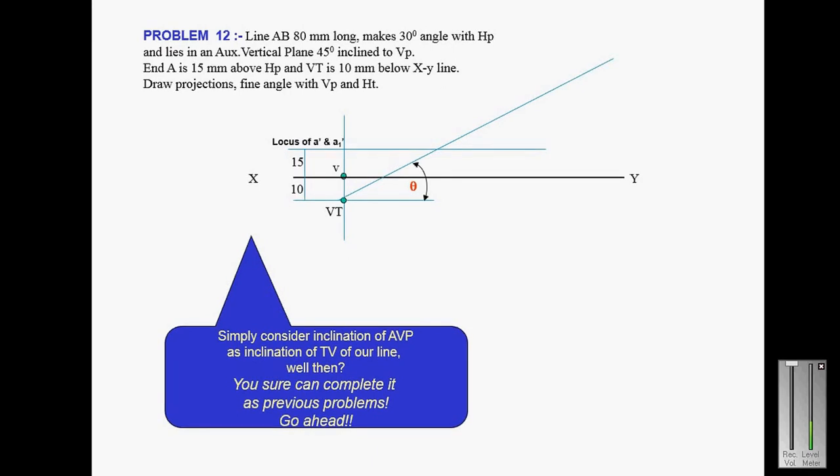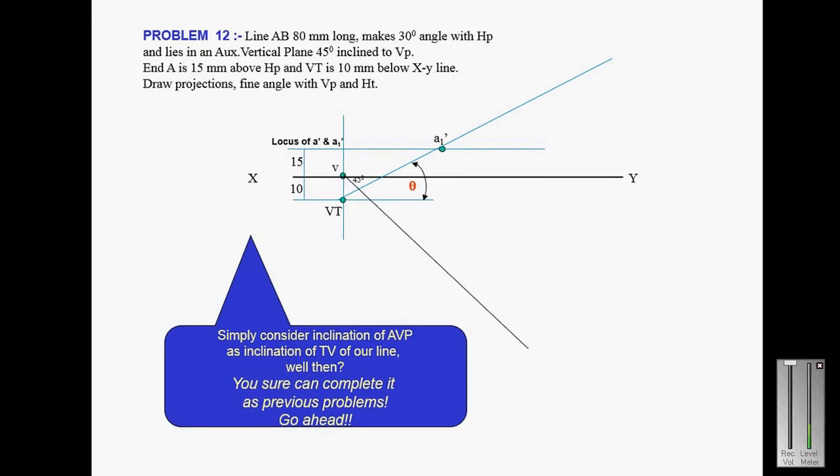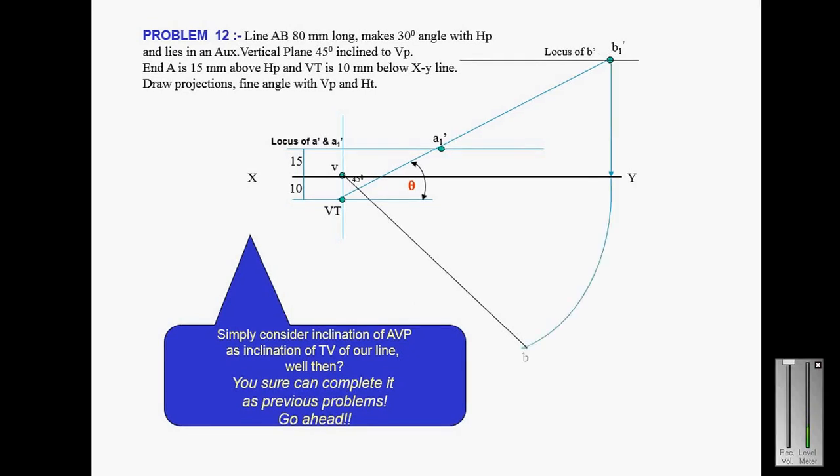Then draw a line through the vertical trace making an angle of theta, and that line will touch the locus line of A, and we get point A1 dash. You know that the true length is 80 mm, so A1 dash B1 dash will be the true length of 80 mm, and mark the point B1 dash, and the locus of point B dash is marked.